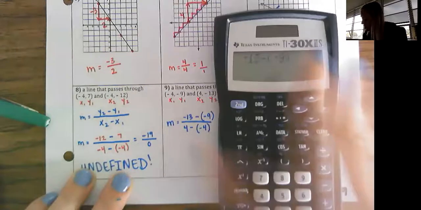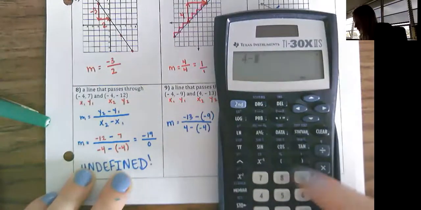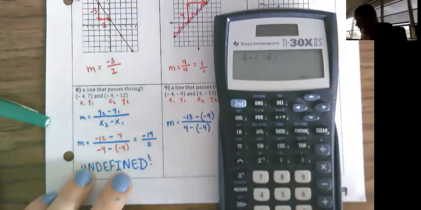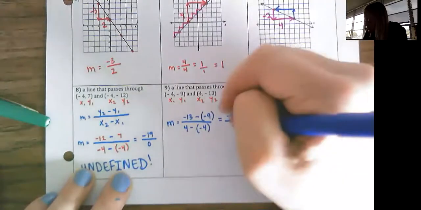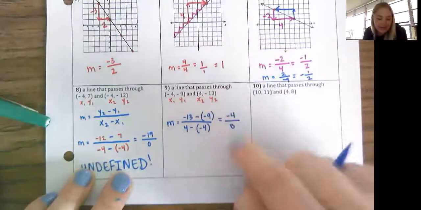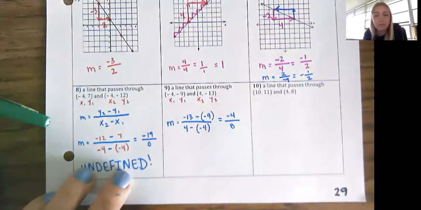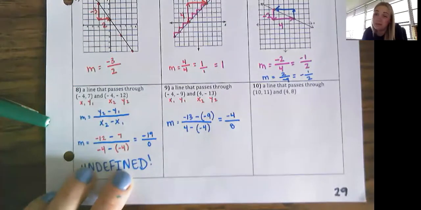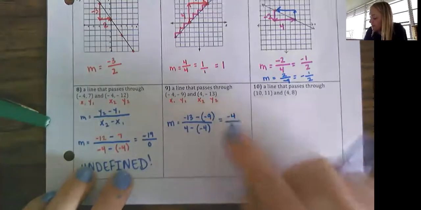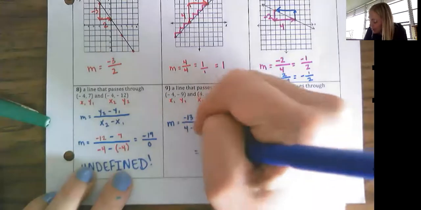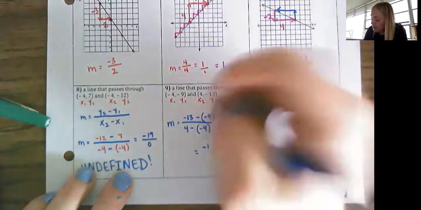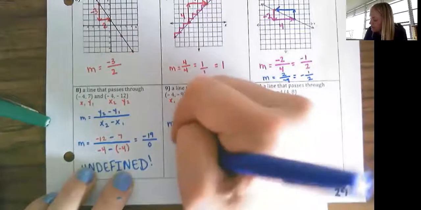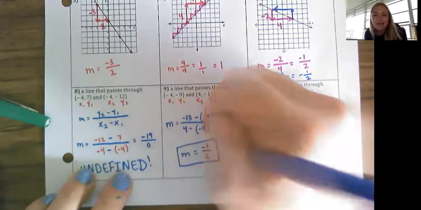In the denominator, 4 minus negative 4, and I get 8. Okay, negative 4/8. That's a pretty easy fraction to reduce because both the top and the bottom are divisible by 4. Negative 4 divided by 4 gives me negative 1, and 8 divided by 4 is 2. So M equals negative 1/2.